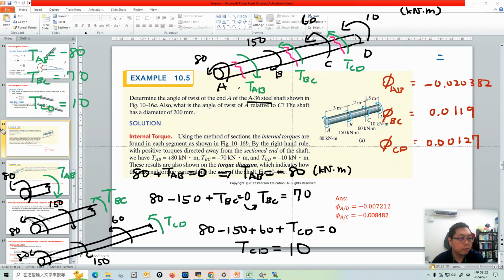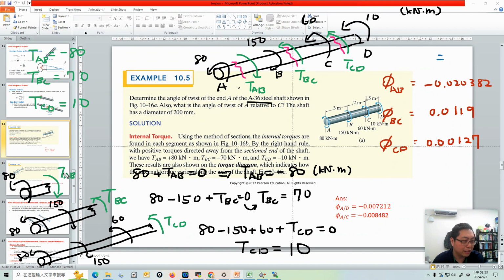Then we put TAB, TBC, and TCD into the angle of twist formula, and we have phi AB negative, phi BC positive, and phi CD positive. At that time I didn't consider the sign convention, so after that I have to use the sign convention to correct the angle of twist.